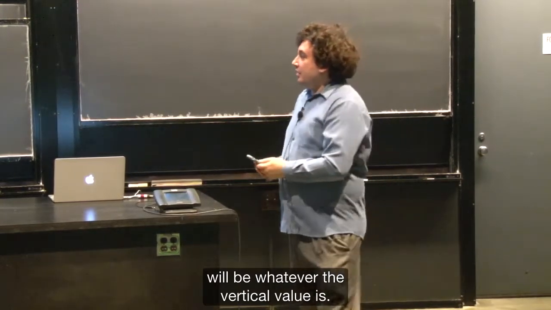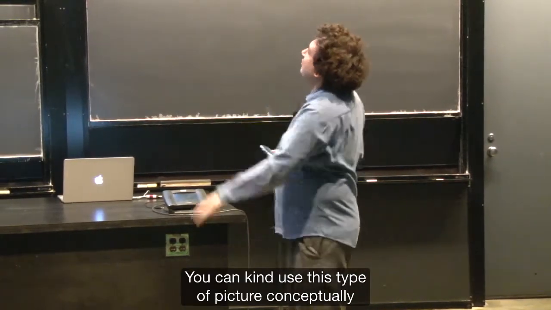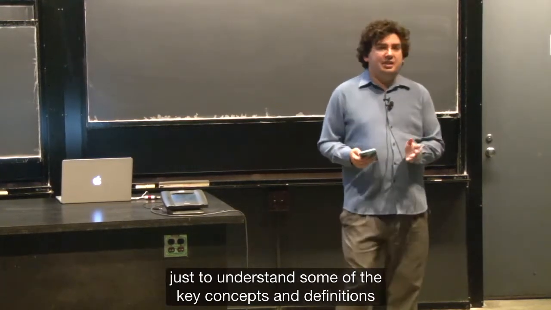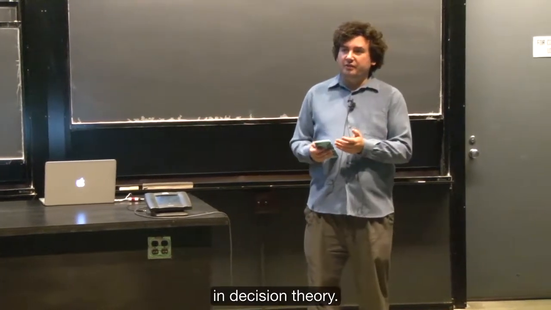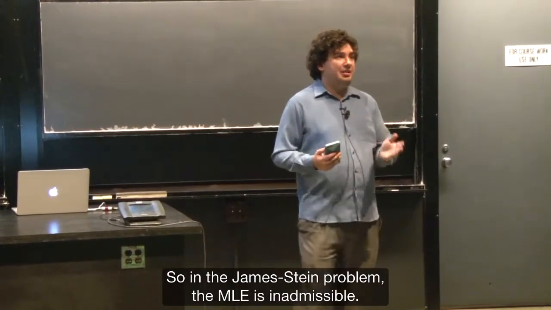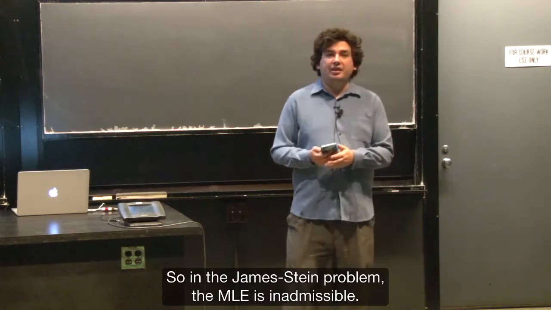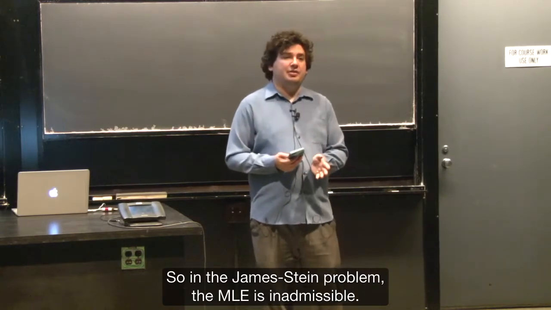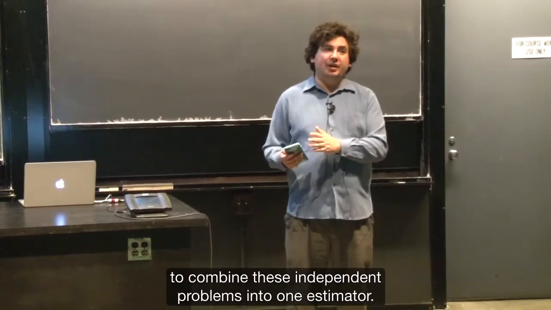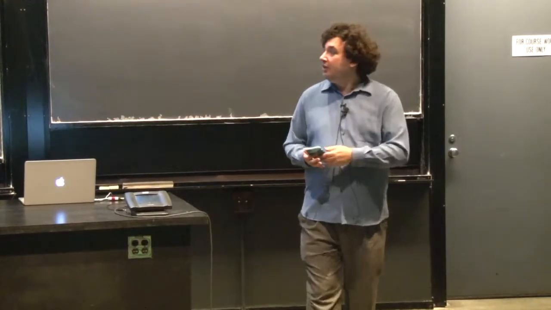So you can use this type of picture conceptually just to understand some of the key concepts and definitions in decision theory. For example, admissibility, which we already referred to. In the James-Stein problem, the MLE is inadmissible. And we saw that example where it's better to combine these independent problems into one estimator.